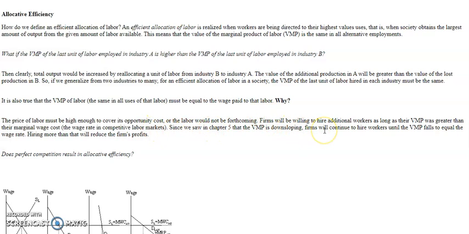Firms will be willing to hire additional workers as long as their value of marginal product is greater than their marginal wage cost. How do firms make the decision to hire additional workers?